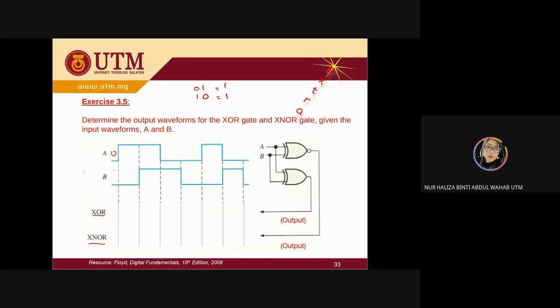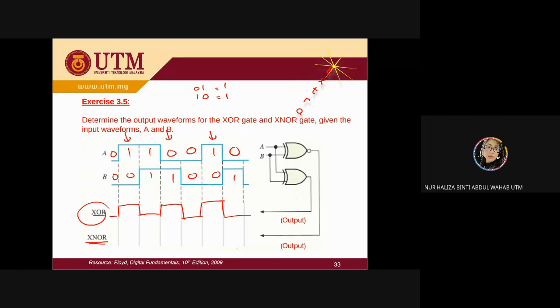You have 1, 1, 0, 0, 1, 0, 0, 1, 1, 0, 0, 1. Now I want to find the different ones only. This one is 1, 1, 1. The rest will be 0, 0, 0. So this is my output for XOR.